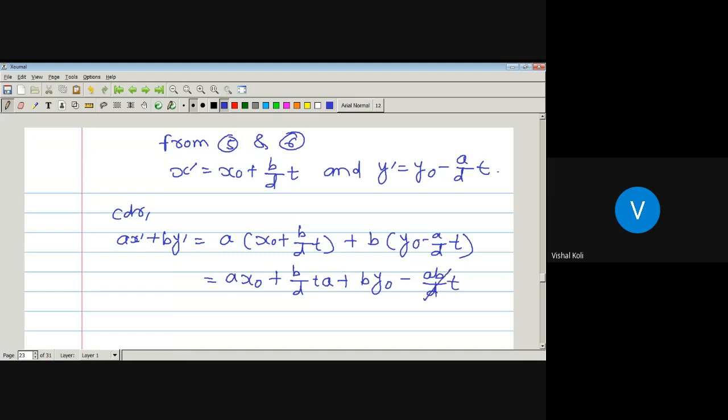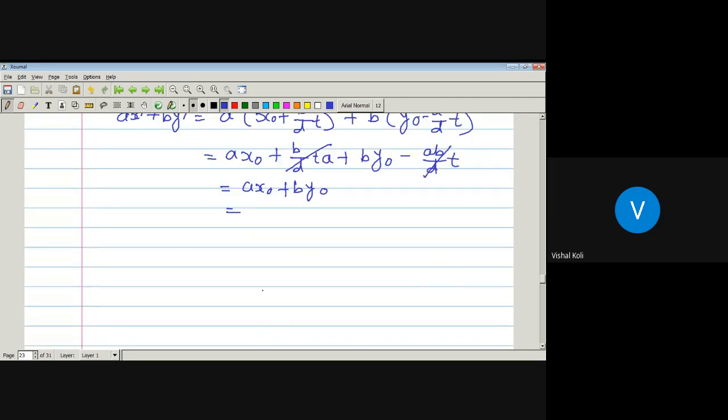The abt divided by d terms cancel, which is equal to ax naught plus by naught. But x naught, y naught is a particular solution of the given linear Diophantine equation, so its value will be c. So ax dash plus by dash is equal to c. So the pair of integers x dash and y dash satisfies the given linear Diophantine equation.